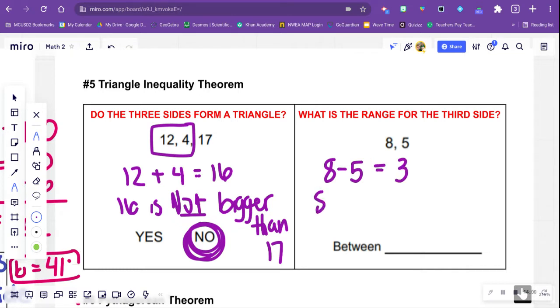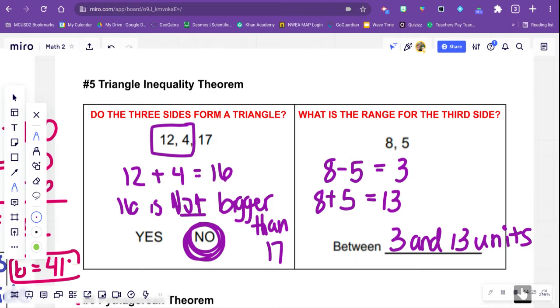And then find the largest by just adding. 8 plus 5. I was getting ready to write 13, the answer. 8 plus 5 is 13. So the 3rd side must be between 3 and 13 units long. Otherwise, it's not going to make a triangle.